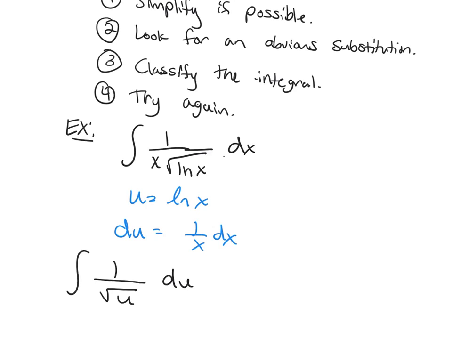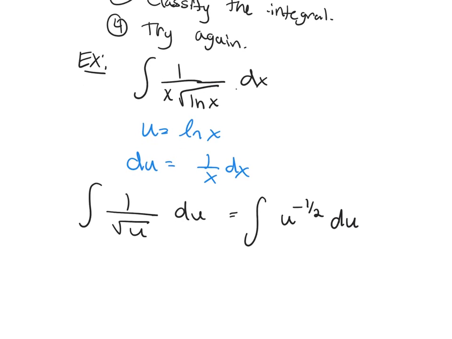Can you integrate that? Might help if you rewrite it. Isn't that the 1/2 power? Yeah, do the negative 1/2 power. And now do your reverse power rule where you add 1 to the power. Is 2 u to 1/2?